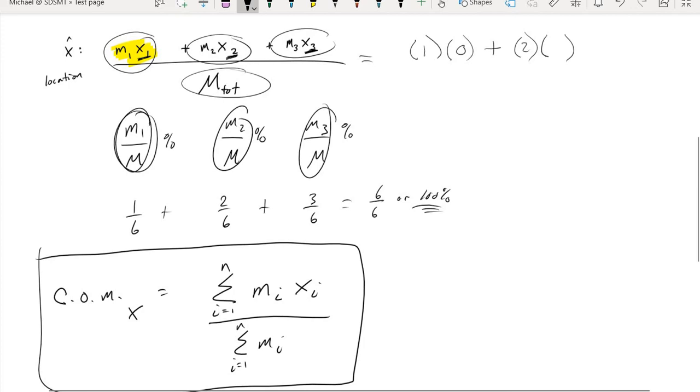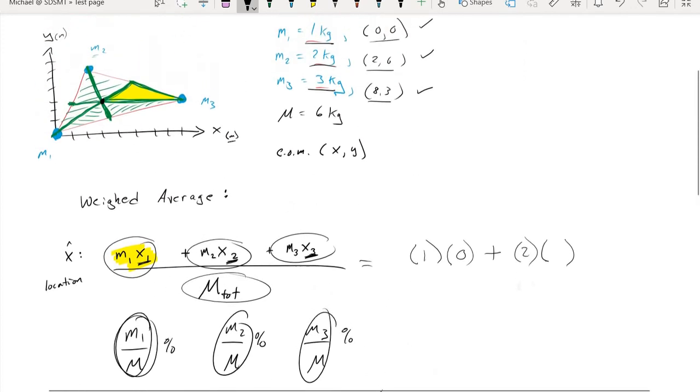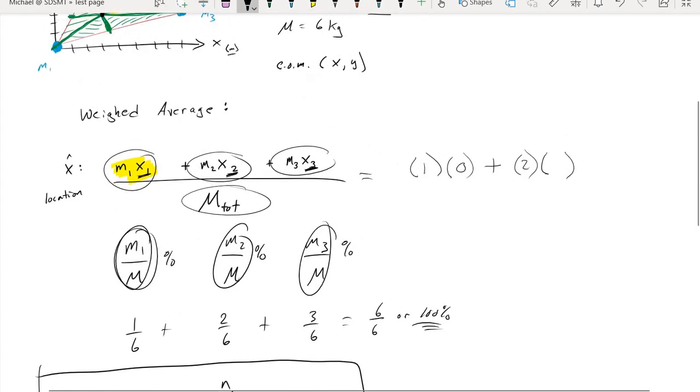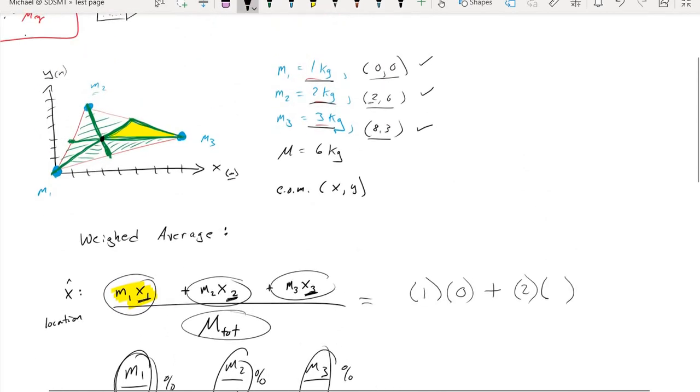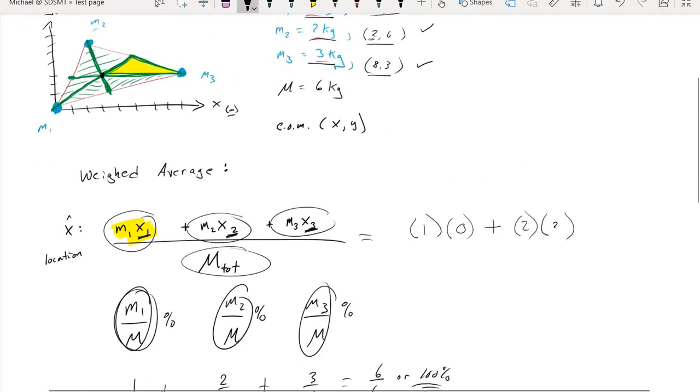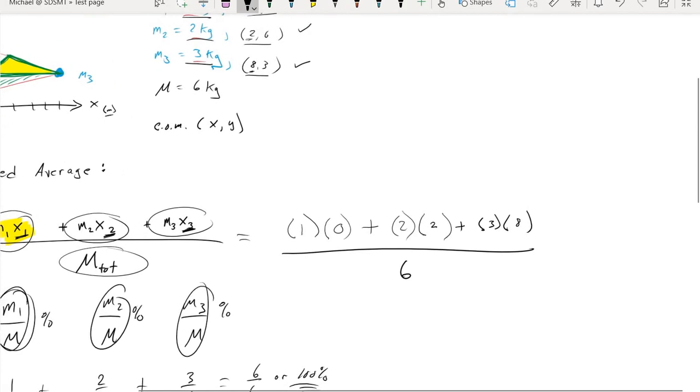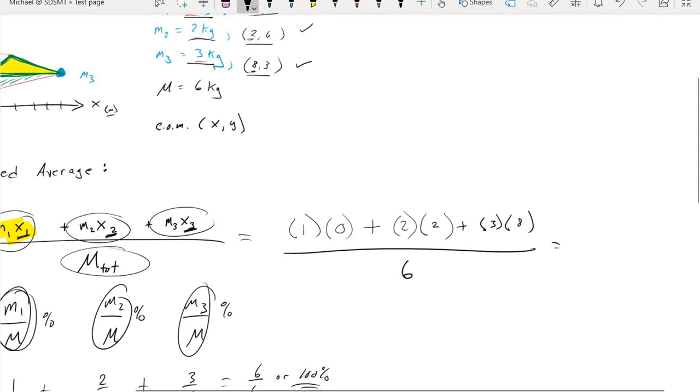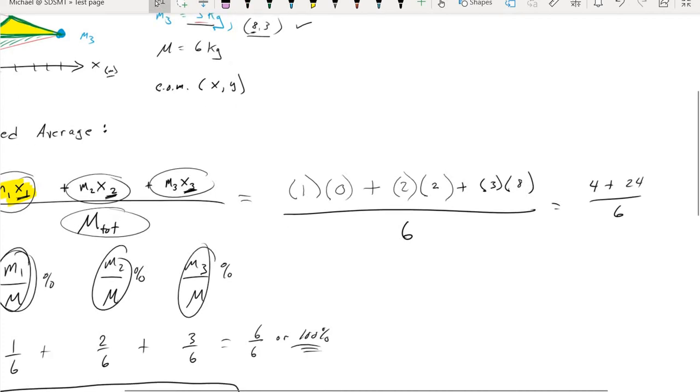The x position of mass 2 was 2, so we'll put in a 2. Plus mass 3 times the x position of mass 3. Mass 3 had an x value of 8. All that needs to be divided by the total mass of 6 kilograms. We have 0 plus 4 plus 24 over 6. That's 28 over 6.